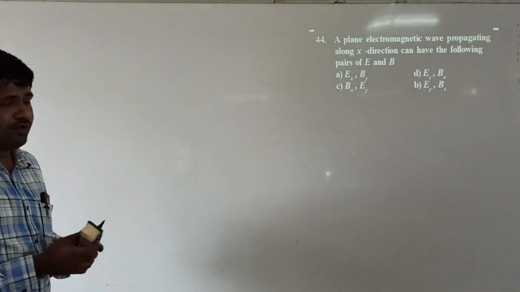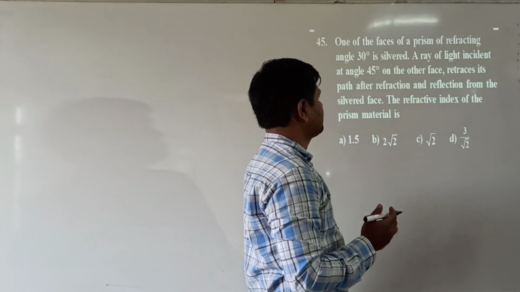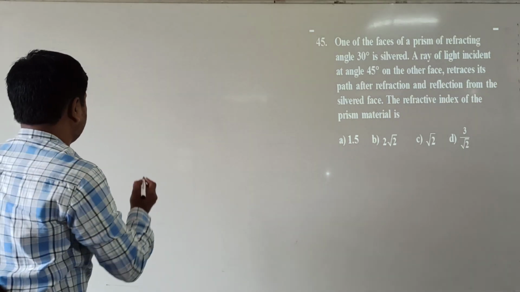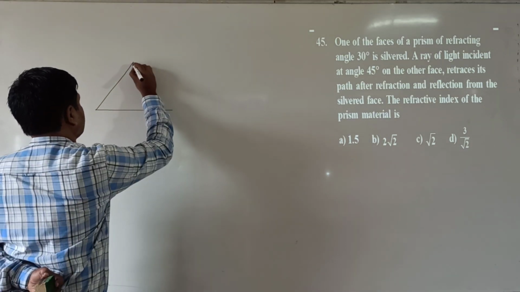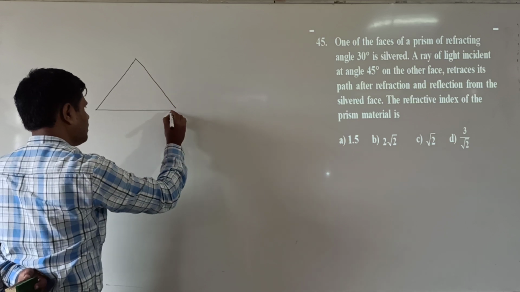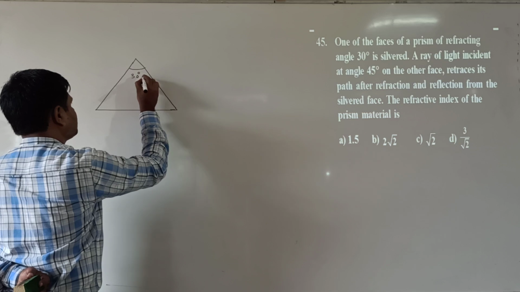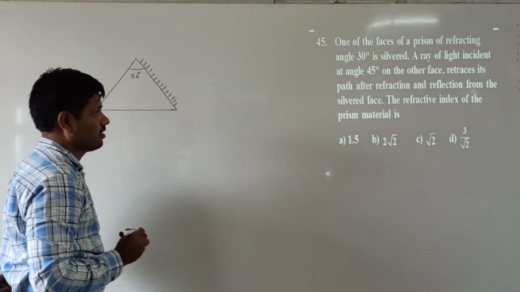Next we go to question number 45. One of the faces of the prism, whose refracting angle is 30 degrees, is silvered. Now listen here. This is a prism. The refracting angle is 30 degrees. One of the faces is silvered.